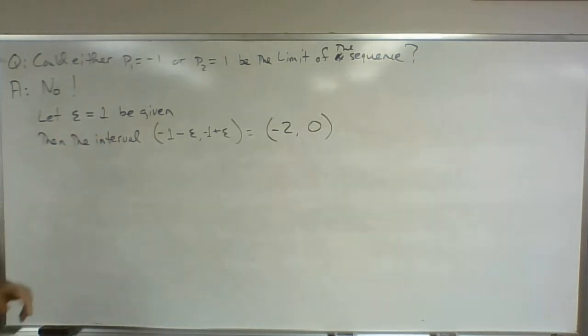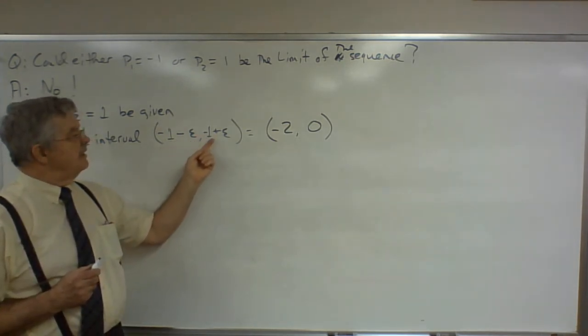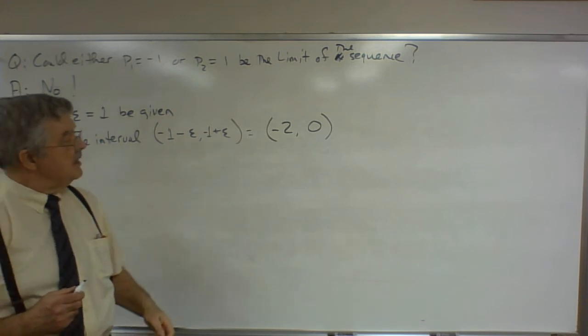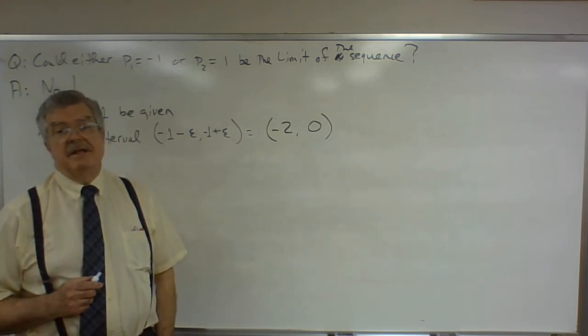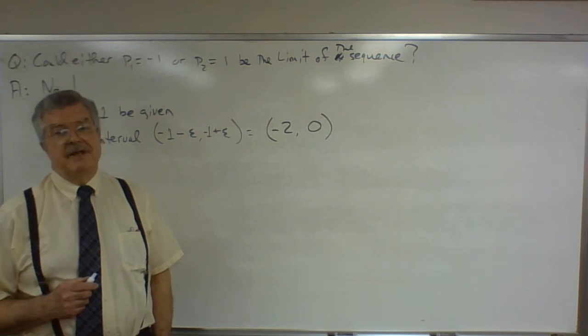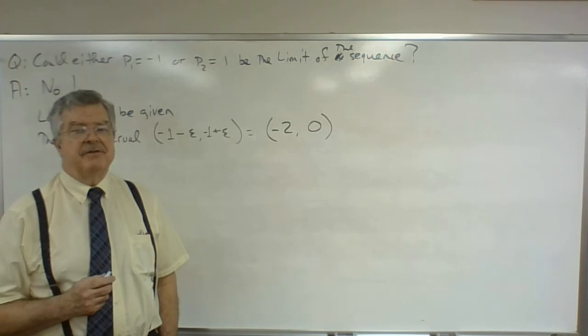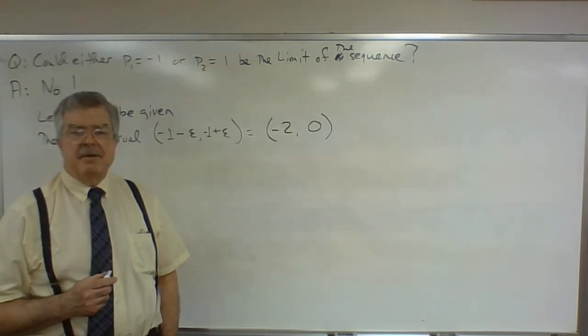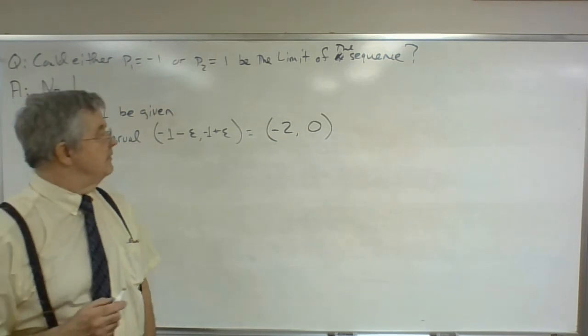Epsilon equal 1 is given. And so the interval -1 minus epsilon, -1 plus epsilon is the interval -2, 0. Well, that definitely contains a lot of terms of the sequence. It contains infinitely many terms of the sequence. And to be more precise, it contains all of the negative terms of the sequence.